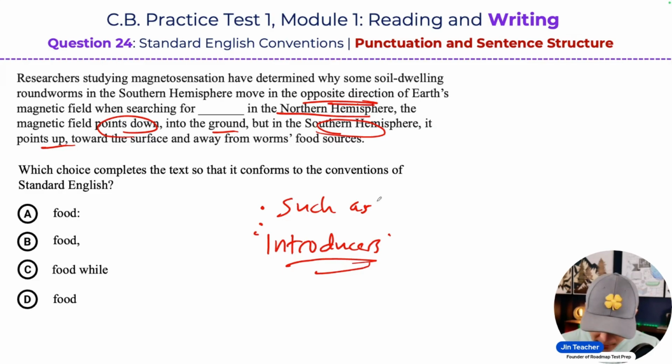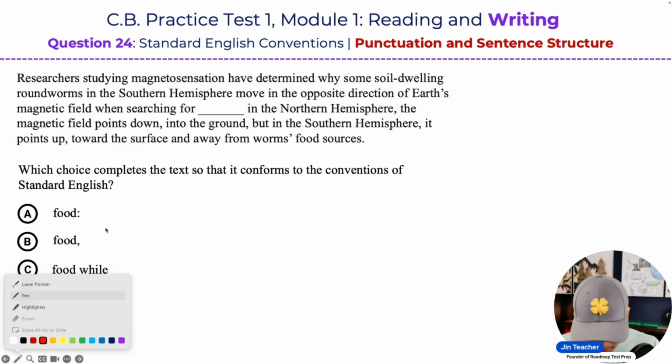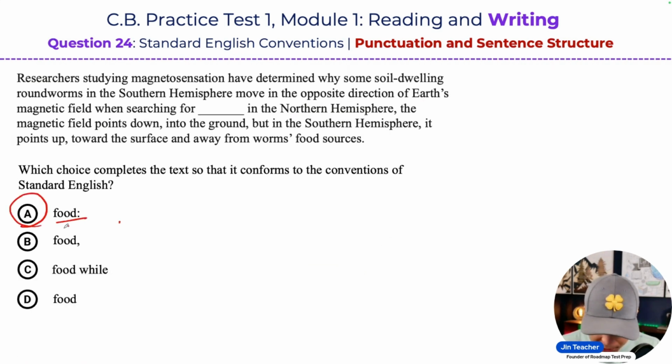You want to use another punctuation mark like a comma or no punctuation. The rule is when you notice introducers like including or such as, do not use a colon. In this example, there are no introducers, so we do know that the colon is used correctly.